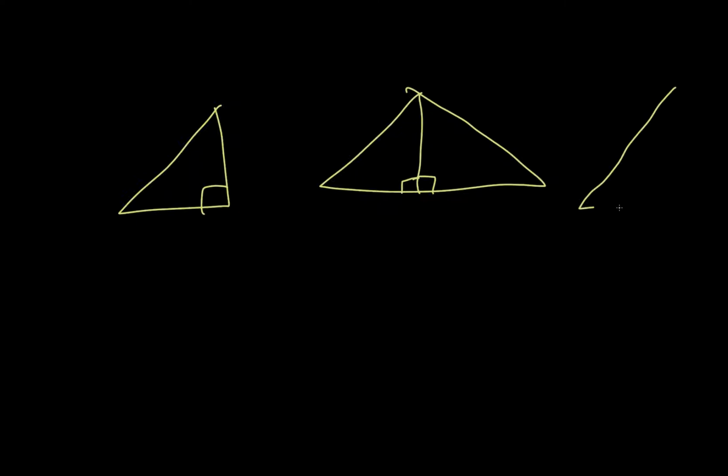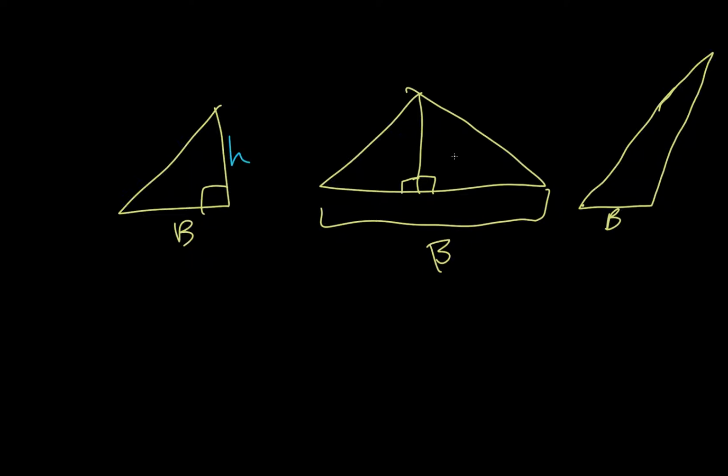And then if we had a triangle that looked more like this, so this is your base, this entire thing is your base. The height is a little bit different. It's like the perpendicular height. On this one, it's just that simple.